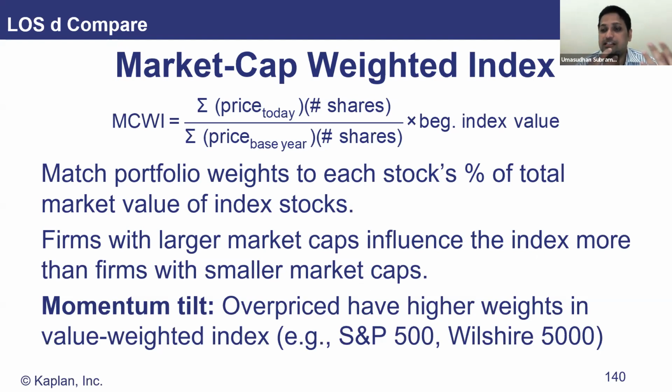So if it is high, then it is going to have a higher weightage in your index, right? Popular market cap weighted indices are the S&P 500 and Wilshire 5000. They are popular ones. Also remember, most indices are actually market cap weighted indices.